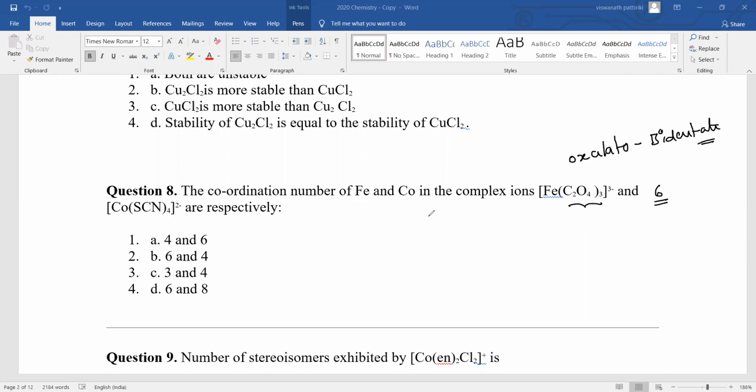What is meant by coordination number? The coordination number is the number of electrons donated by ligands to the central metal atom. So this can donate 6 electrons, meaning 6 pairs of electrons. And here this is monodentate, so it can donate 4. So the coordination numbers are 6 and 4. Okay.